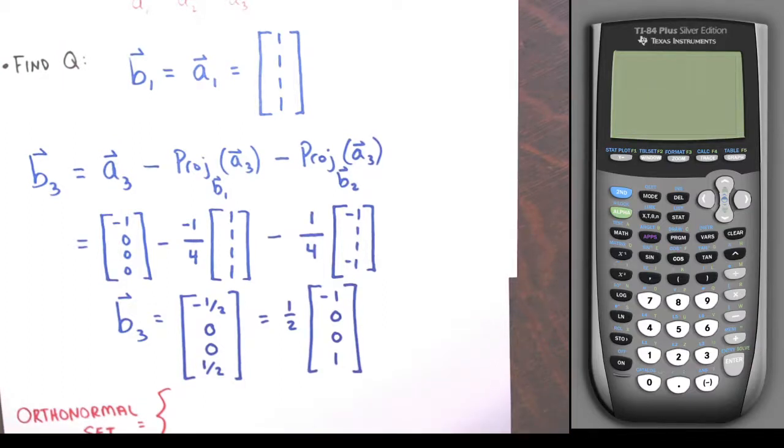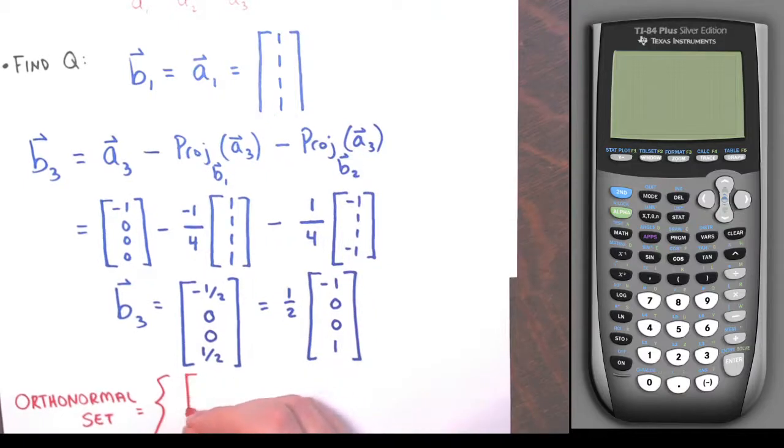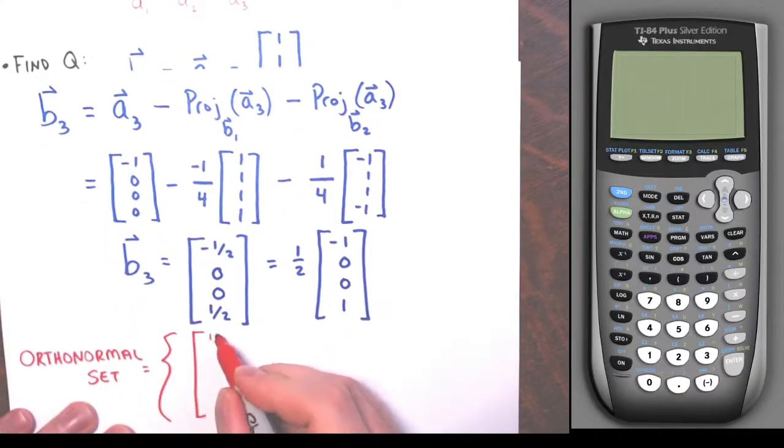It'd be the square root of the dot product of B1 with itself, which was 4. Square root of 4 is 2. So I just divide each component by 2. So I got a half, a half, a half, and a half. There's a unit vector in R4.